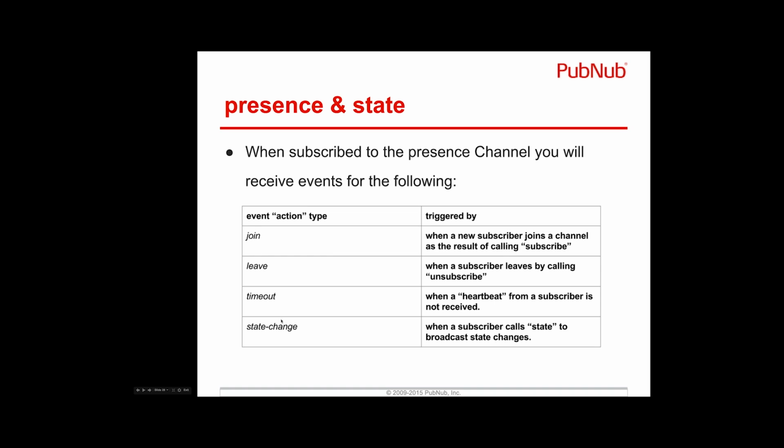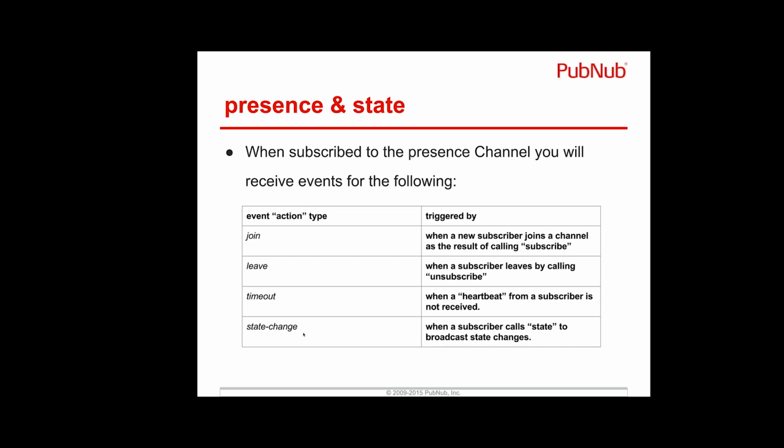Okay. And then finally, there's a state change event. For every channel, for every UUID, you can maintain a unique state on a particular channel. An example of state would be a do not disturb flag. If I'm in the global room and I don't want anybody to disturb me by sending me chat requests, I could put together a JSON packet that represents a do not disturb flag, and I can send that out as part of my state when I join a channel.